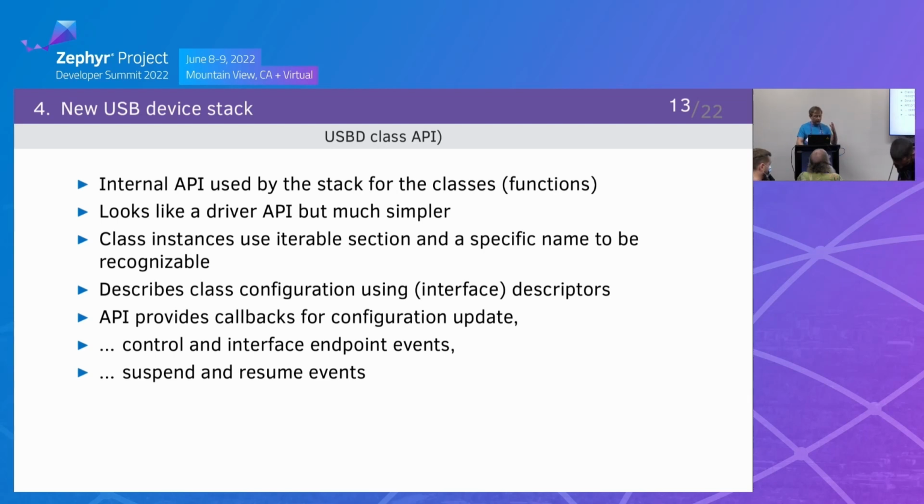So this class internal API is used only by the stack for the classes. It looks like our driver API in Zephyr, but it's much simpler. It has just a few items, and class instances use an iterable section and a specific name to be recognized by the application, by the user, or by the stack.